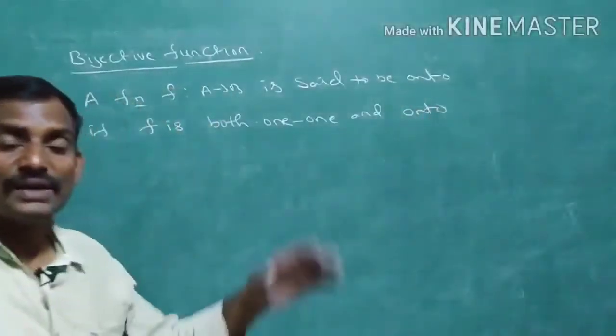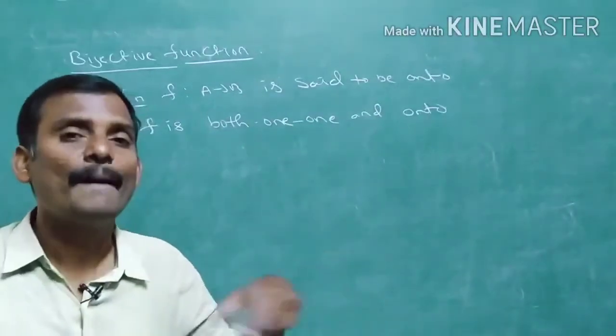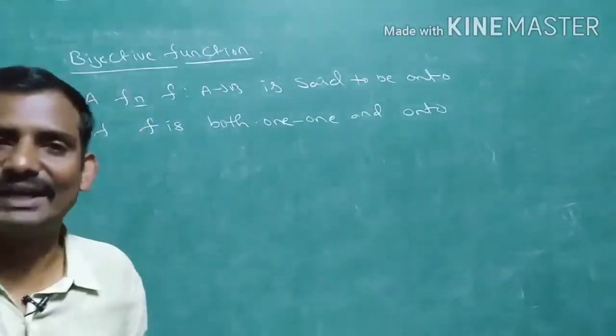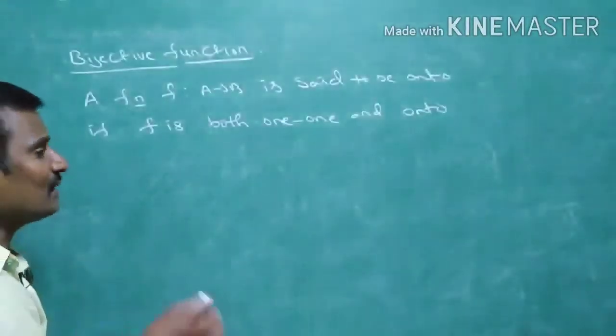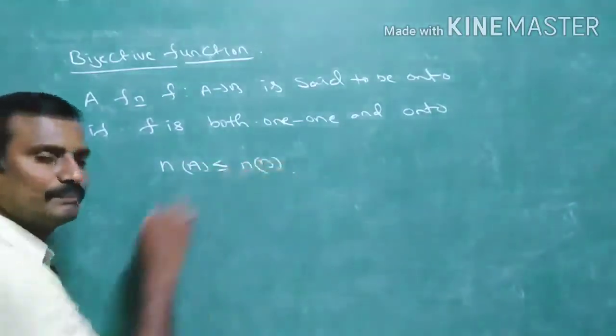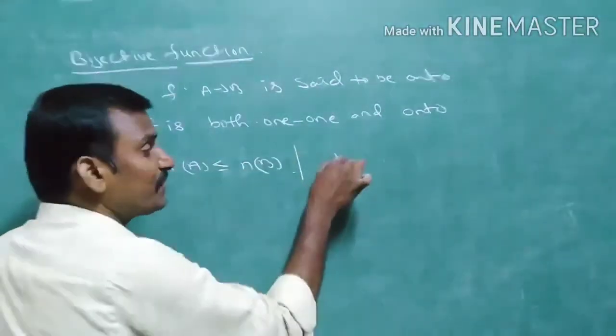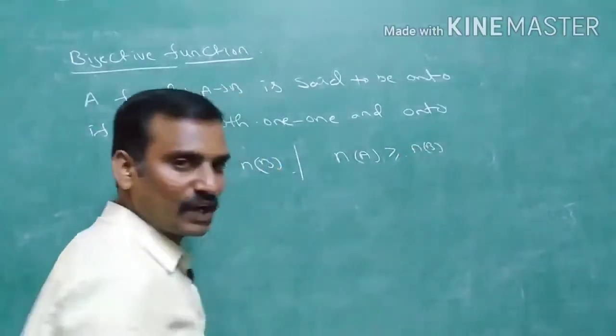So if the function f is both one-one and onto, that function is called a bijective function, or a one-one and onto function. Okay, so if f is one-one, what is the condition? n(A) is less than or equal to n(B). If f is onto, n(A) is greater than or equal to n(B).